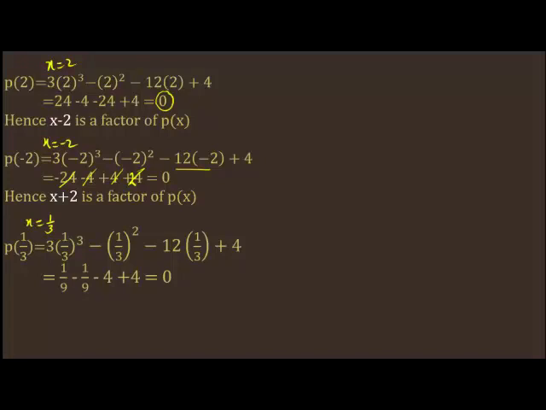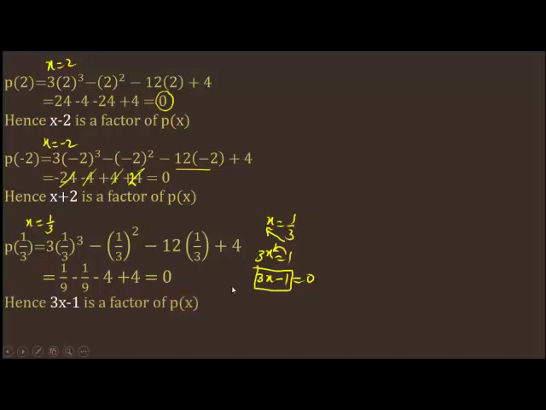So x is equal to 1 over 3 means 3x is equal to 1, and 3x we will bring minus 1 on the left side, which is equal to 0. So this is 3x minus 1 is the third factor of the polynomial. Look, 3x minus 1. So this is the third factor.